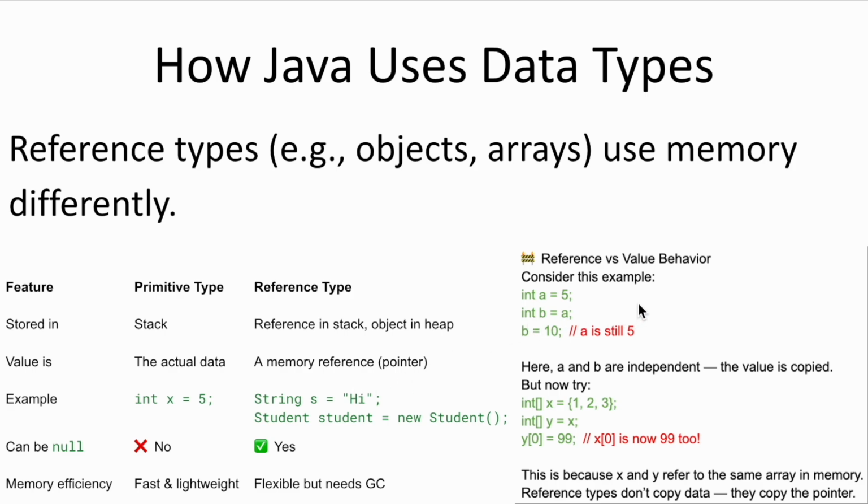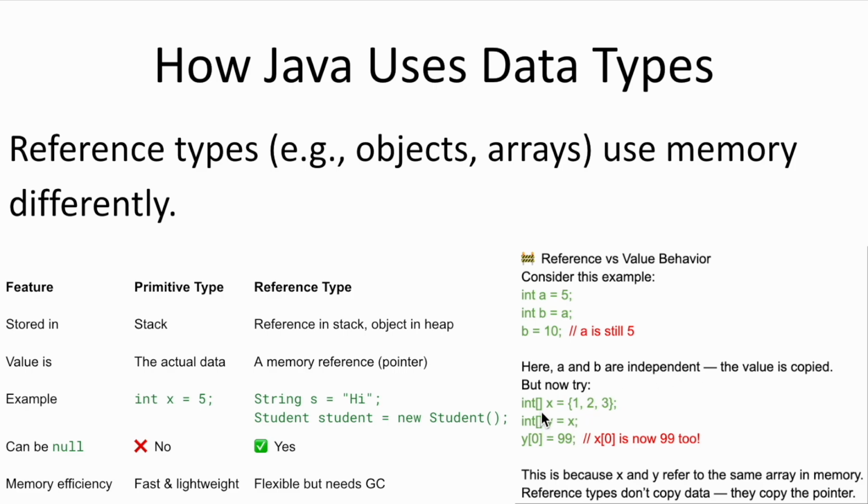There is also a code example to show the reference and value behavior. In this example, you can see if you declare a primitive variable and then assign this variable to a new variable, the value is copied, and A and B are independent.